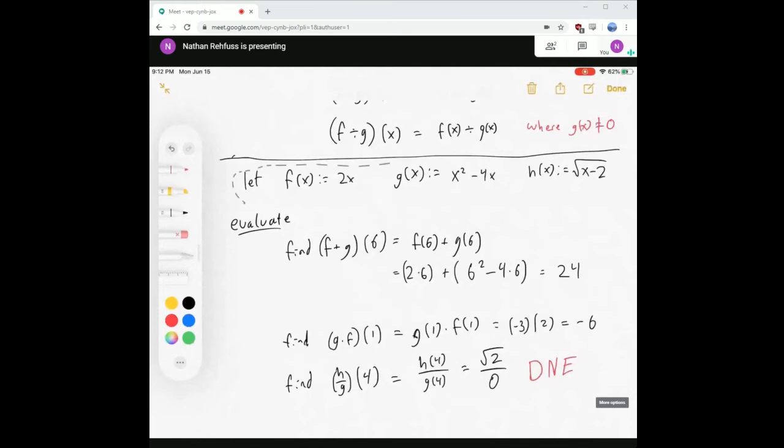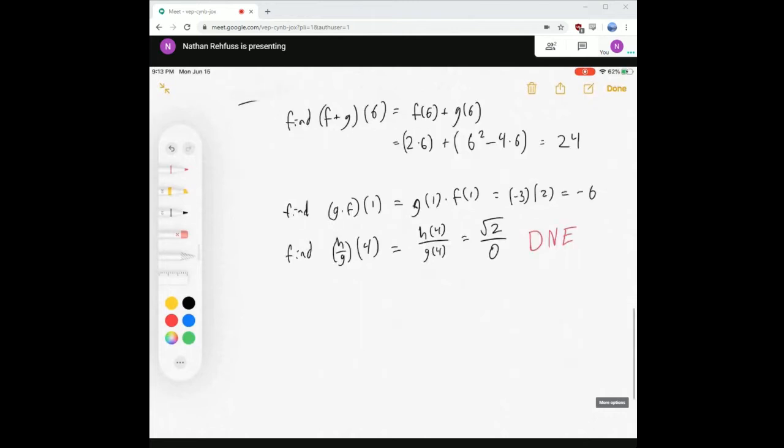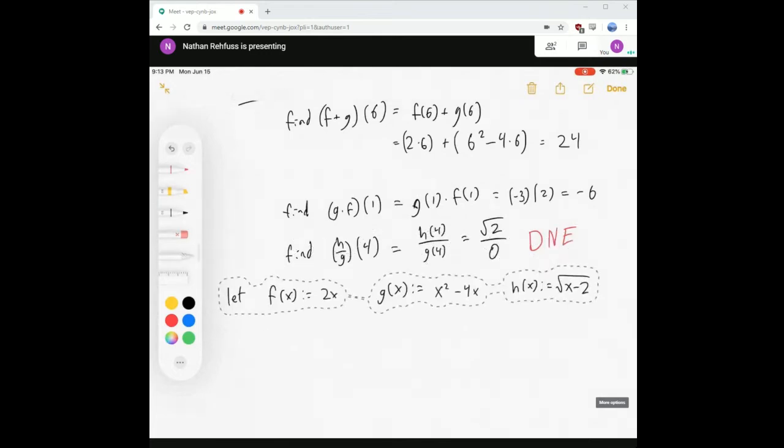Let me grab this right here and copy it. That way we'll still have it on screen. There we go. So again, these are my definitions. This is all part of the same example here.